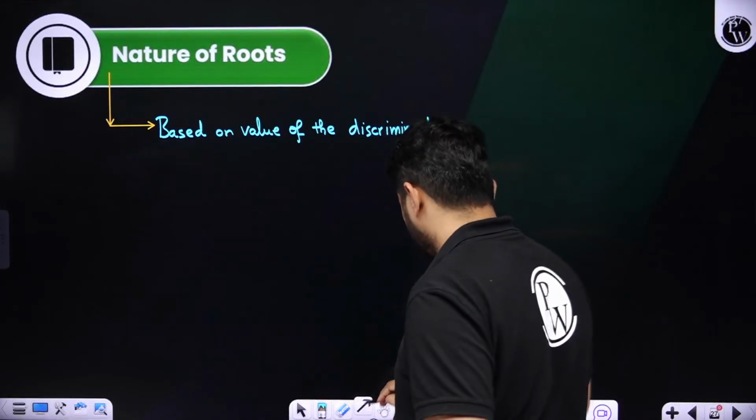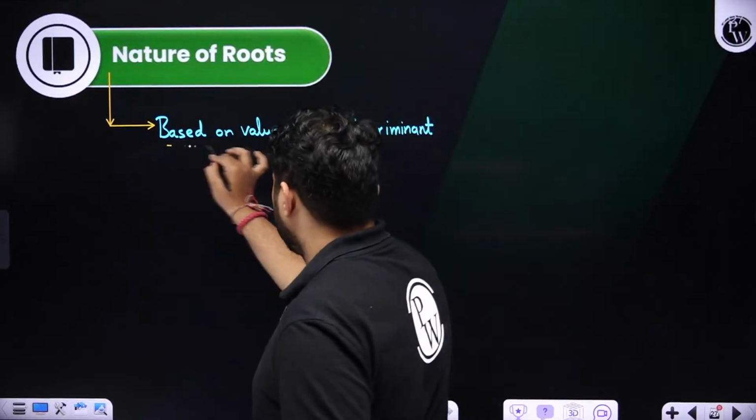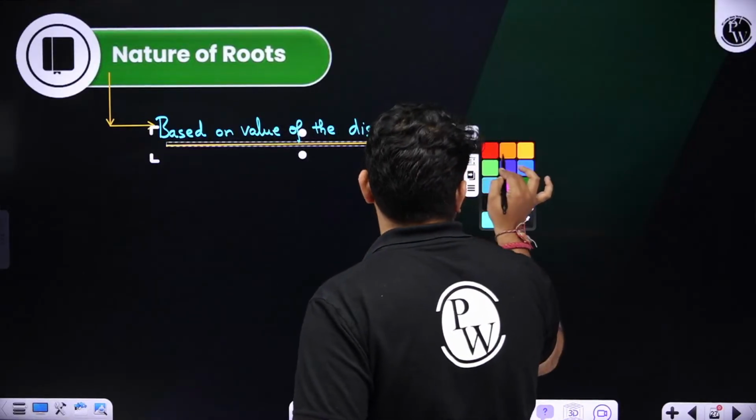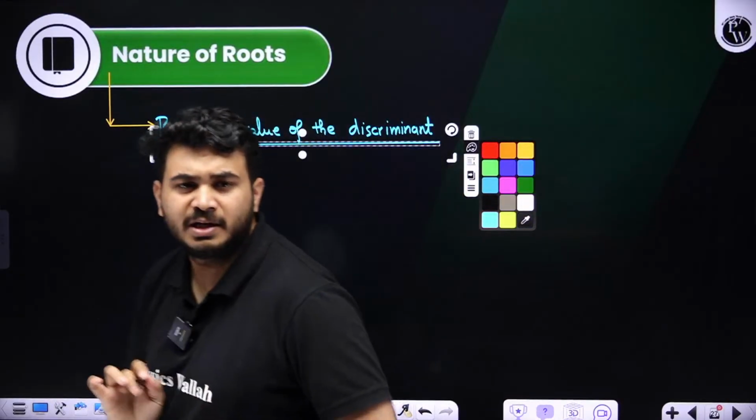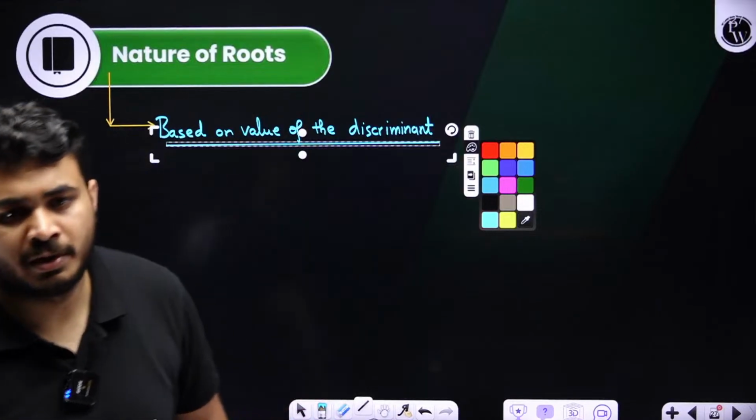What is discriminant? Discriminant is b square minus 4ac.